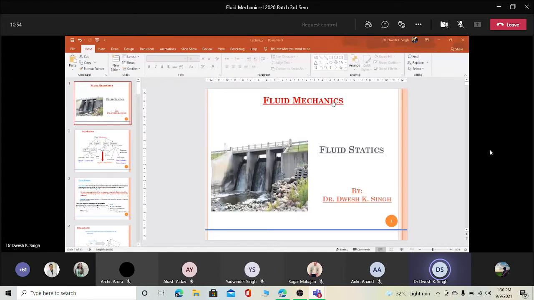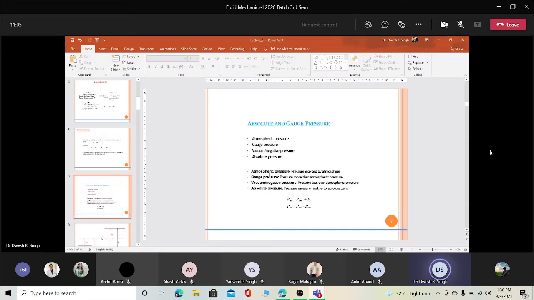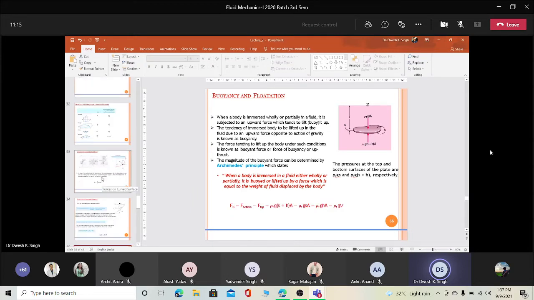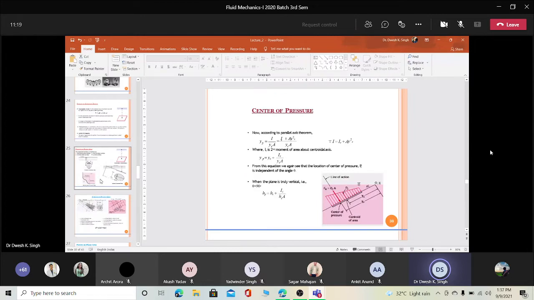Okay, so we were discussing this. We have completed the center of pressure and the total force in the last lecture. In the last lecture, we covered these forces on immersed bodies, forces on plane area.